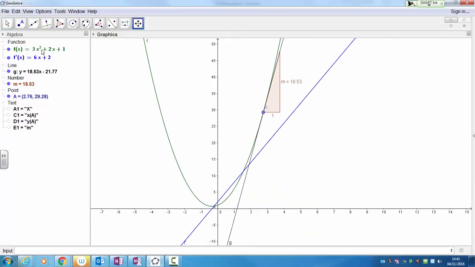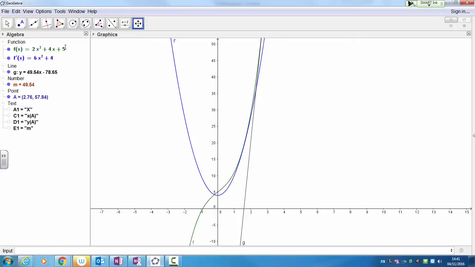So what does that mean? That's the gradient. The gradient of f(x) is f prime x. And that gives you 6x plus 2. Let's now change our f(x), and let's make this 2x cubed plus 4x plus 5. Look what happens now.